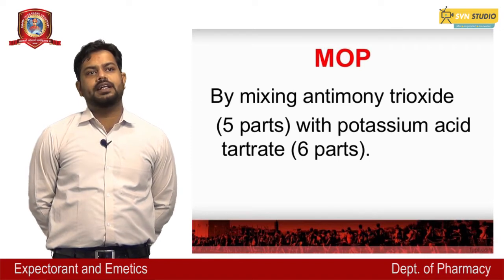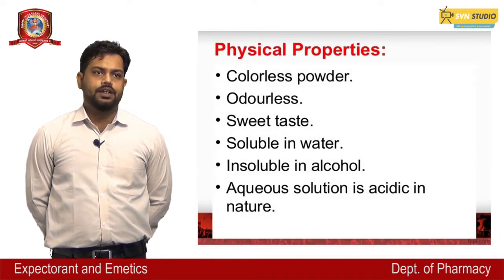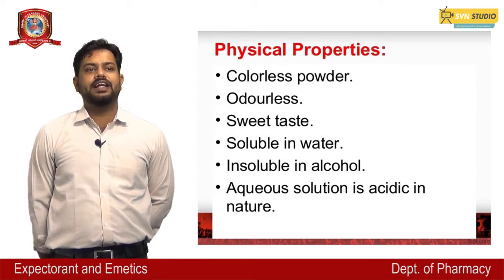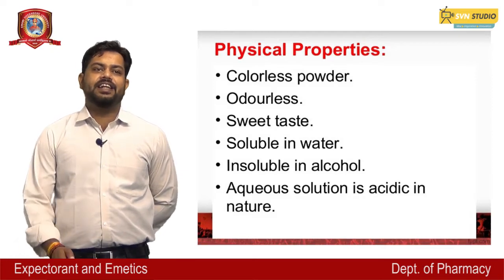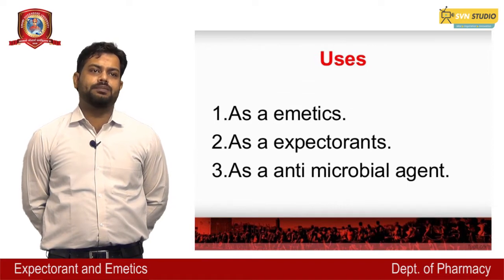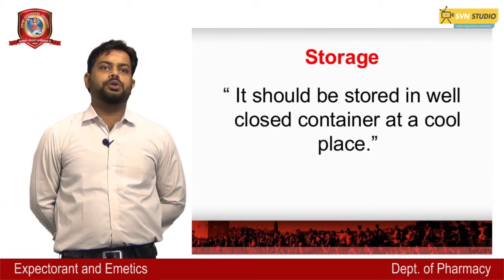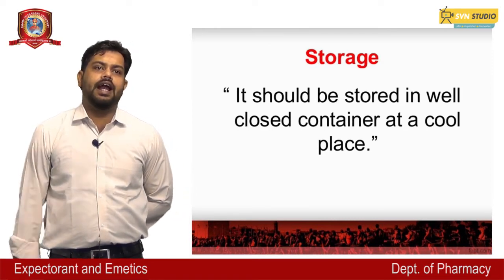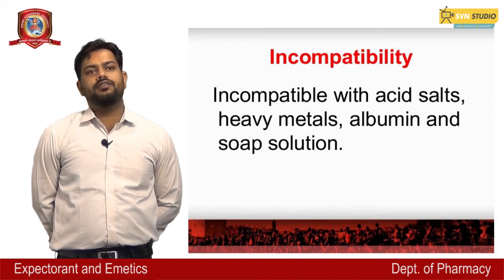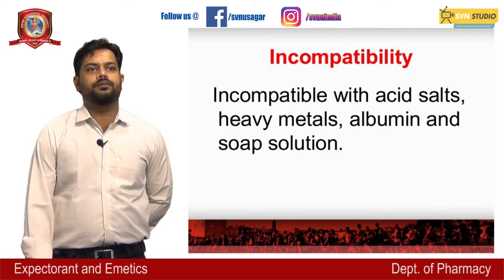Physical properties: colorless powder, odorless, sweet taste, soluble in water, insoluble in alcohol, and its aqueous solution is acidic in nature. Uses: it is used as an emetic, an expectorant, and an antimicrobial agent. Storage: in a well closed container at a cool place. Incompatibility: acid salts, heavy metals, albumins and soap solutions.